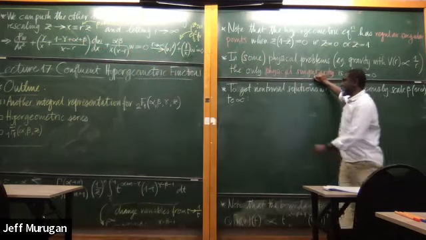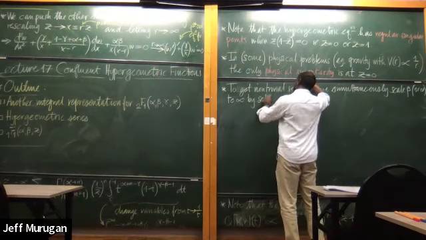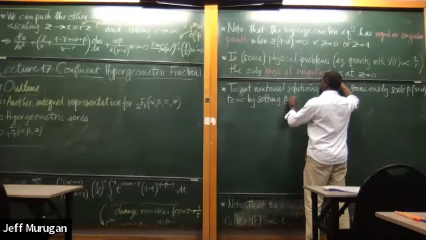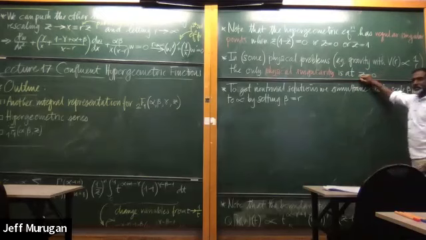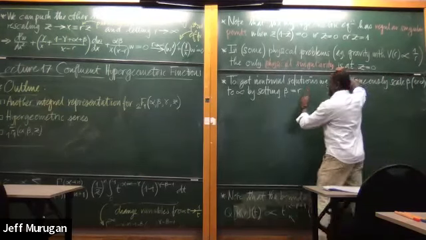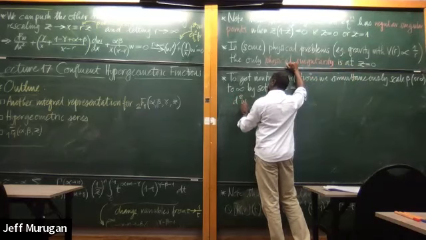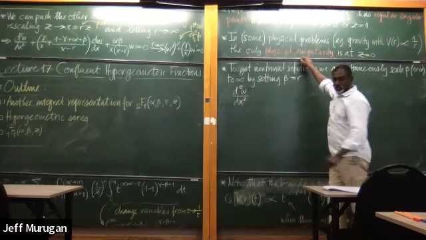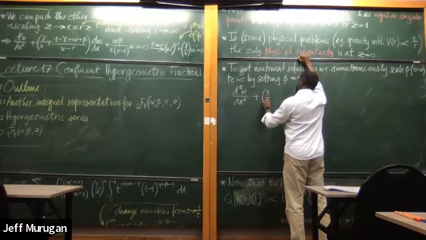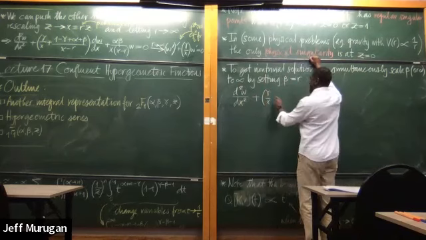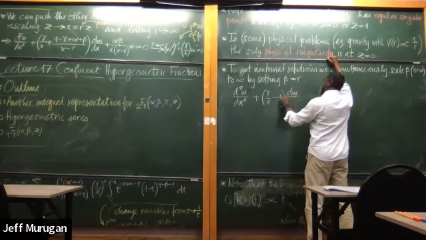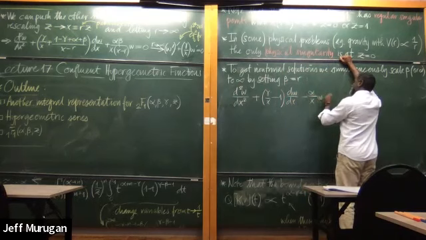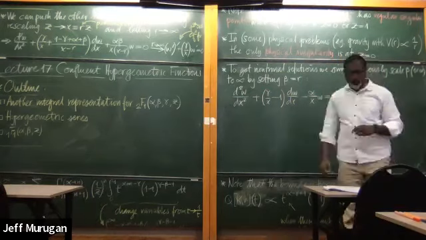The way I do this is to simultaneously set beta equal to r, and then take r to infinity. If I do that, my differential equation becomes d2w by dx squared plus gamma over x minus 1 times dw by dx minus alpha over x times w equals 0.